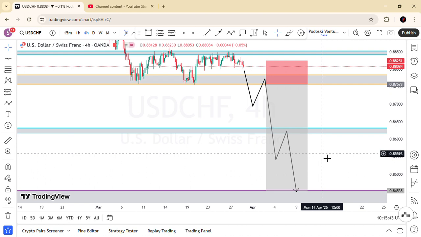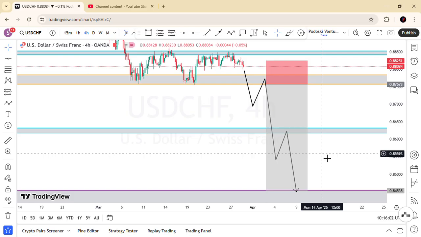You just have to watch and let price do what it does. It can take weeks, or even a month, for one setup to play out, and if you're a swing trader, you have to know that that's how it is.